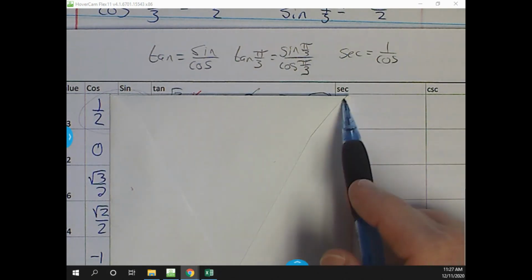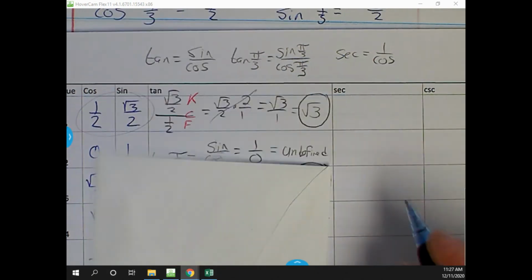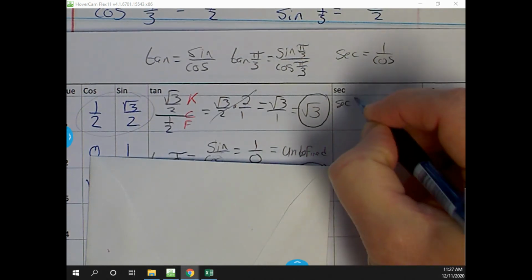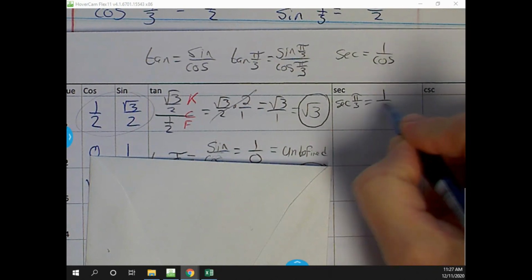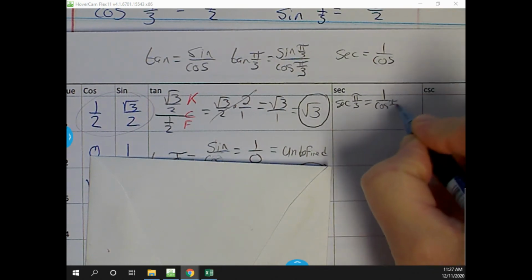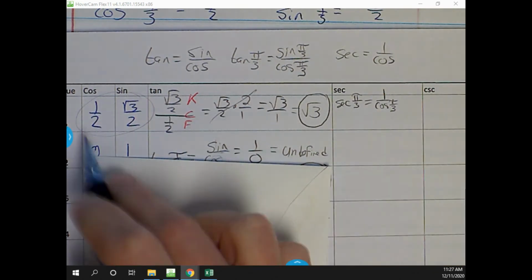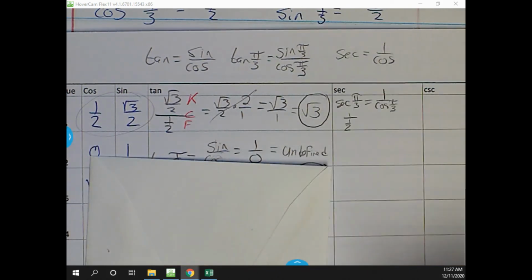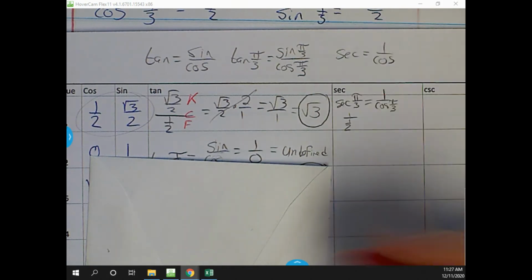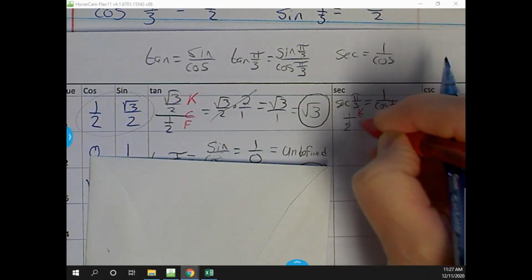So when you have the secant of pi over 3, that's going to be the same thing as just 1 over the cosine of pi over 3. And the cosine of pi over 3 was 1/2. So this is 1 over 1/2. And with every single one of these, you're going to do a keep, change, and flip.